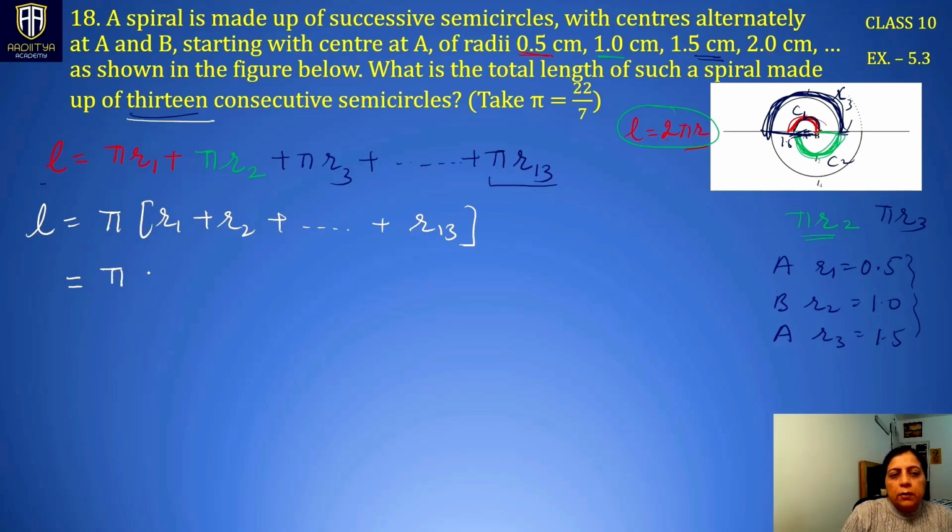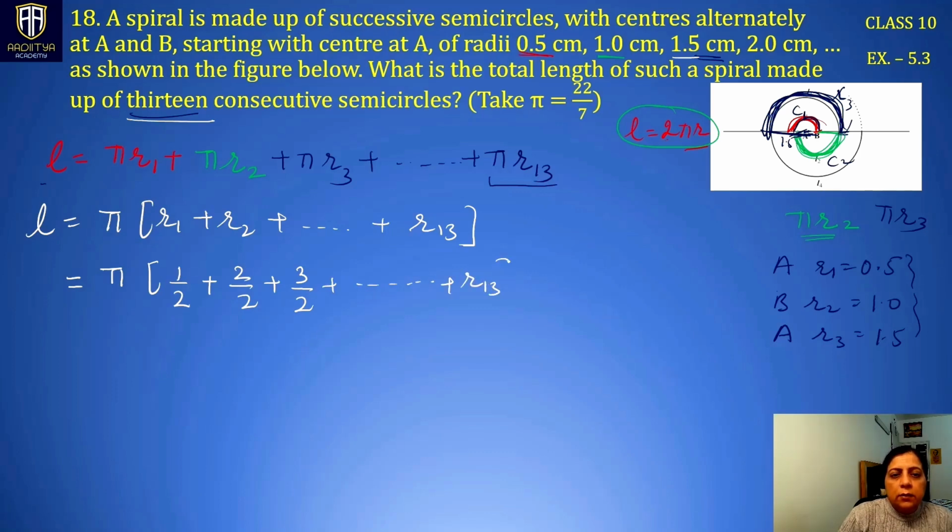This is pi. R1 is 0.5, which can be written as half a centimeter. R2 is 1, which can be written as 2 by 2. Then R3 is 1.5, which is 3 by 2. And so on.